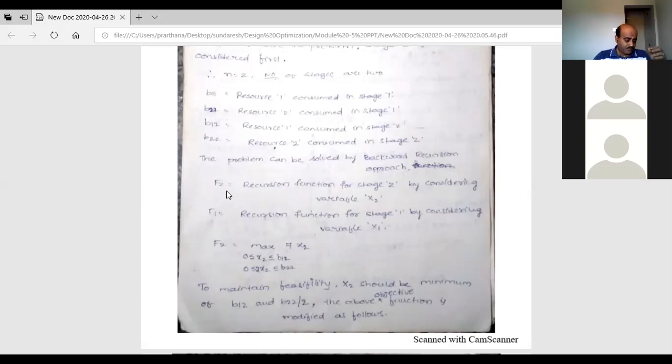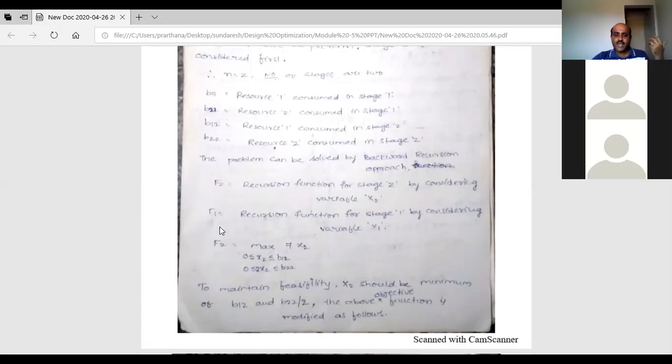Okay. So now let us take F2. What is F2 here? F2 corresponds to the recursion function for stage 2 by considering the variable x2. So we're going to assume F2 as the recursive function for stage 2 by considering the variable x2.